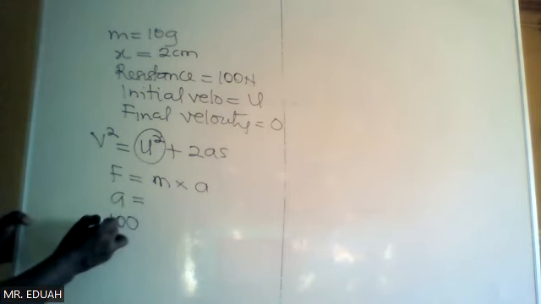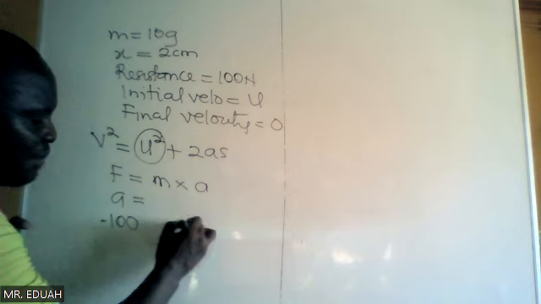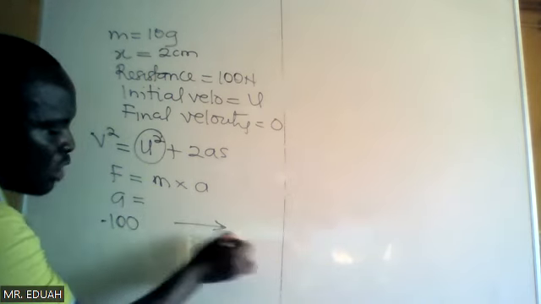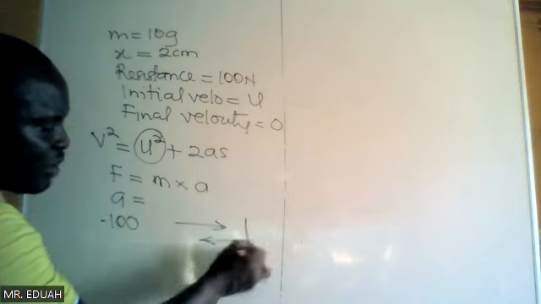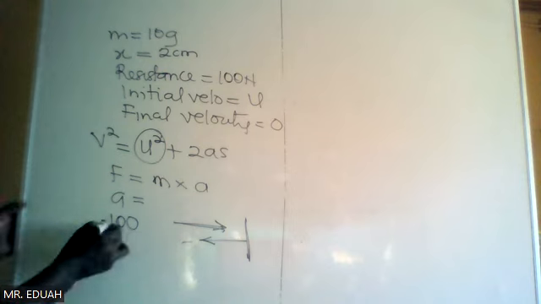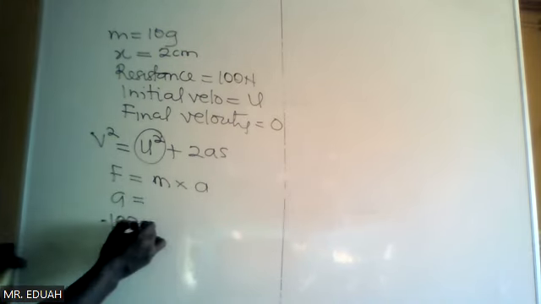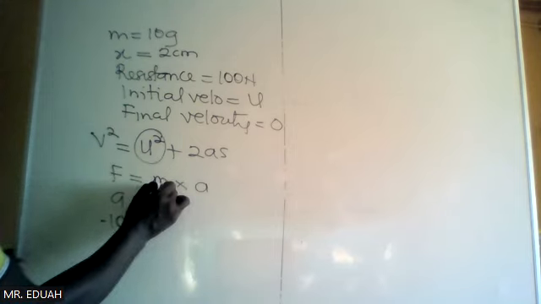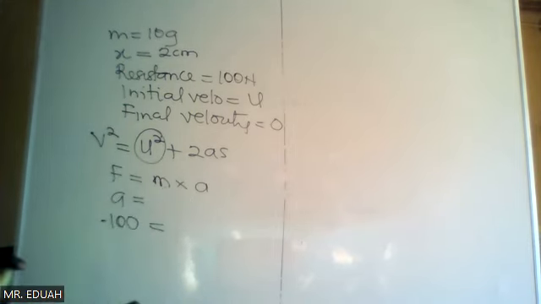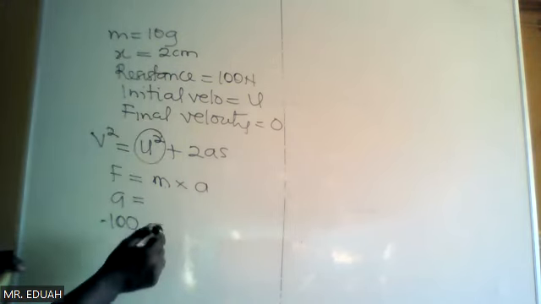The direction of the motion and the resistance oppose each other, and so the resistive force is negative. So negative 100 Newton equals the mass of the bullet times acceleration. The mass of the bullet is 10 grams. This is in Newton, so change the 10 grams into kilogram by dividing through by 1,000.